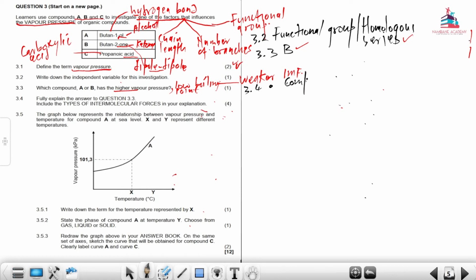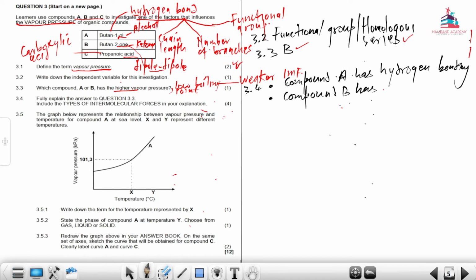So compound A has hydrogen bonding. Then compound B has dipole forces.